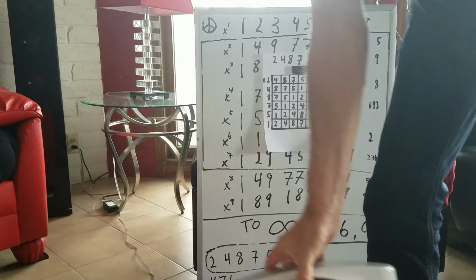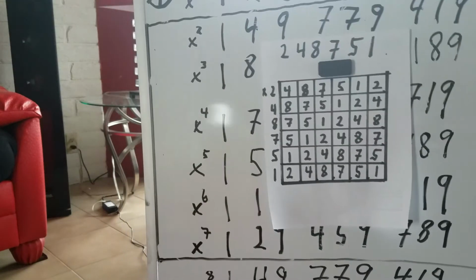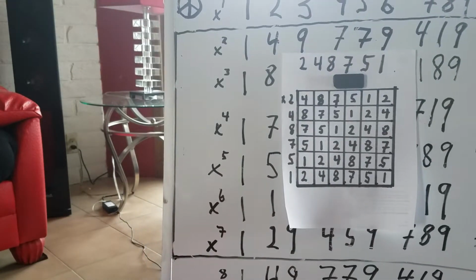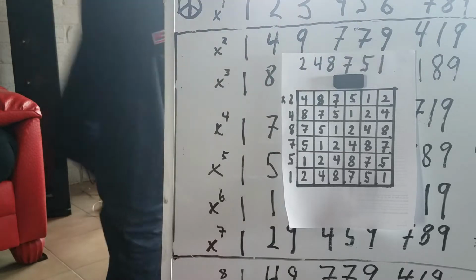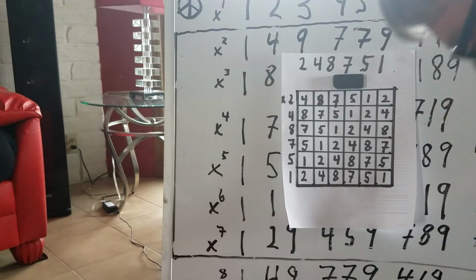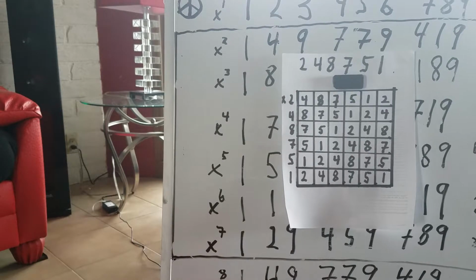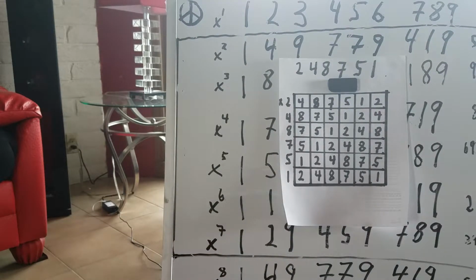What I'll do is I'll move it up, and that way you'll be able to see it much easier. Just checking here. Yep, you can see it. Okay, so what I'm going to do is show you one of the things about 248751, which is that it's a mirror of itself.